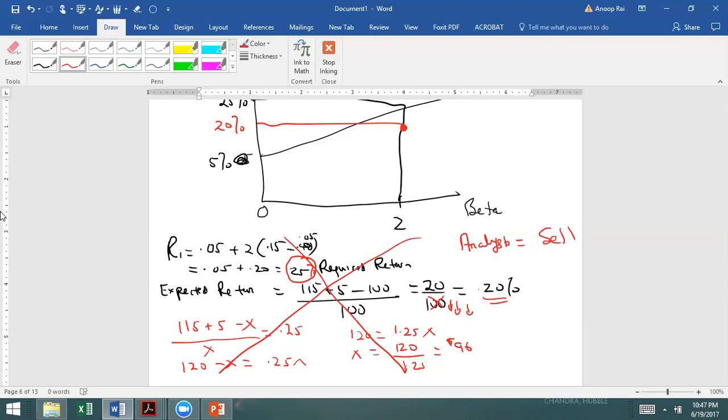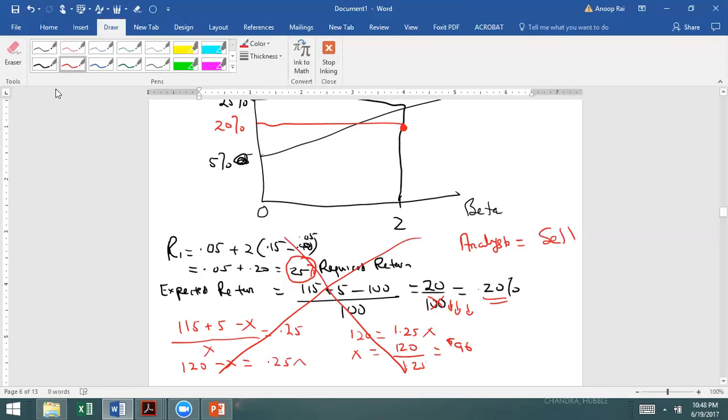It will come down to, let's see, 98 plus 5 over... 115 minus 98... Wait a second, 105 minus 96, plus 5 by 96.